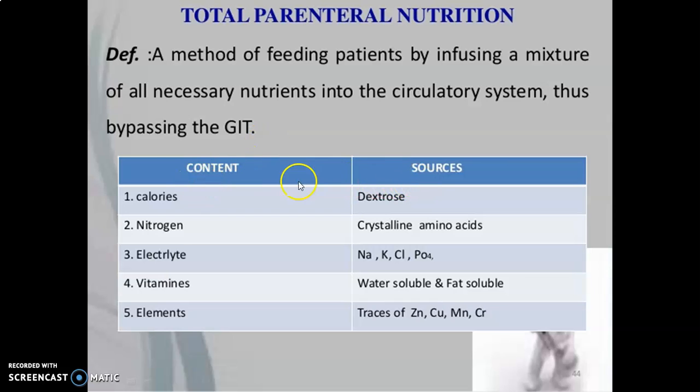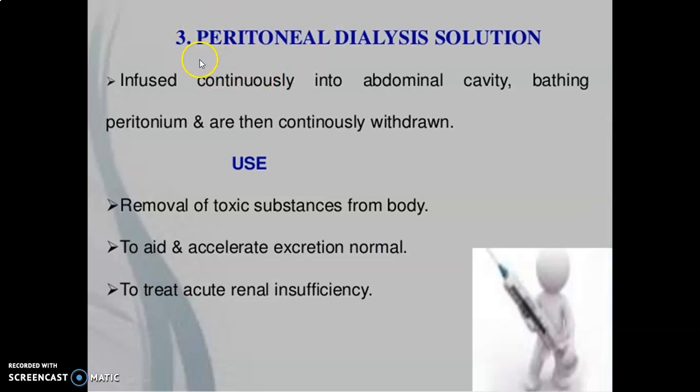The contents and their sources: calories from dextrose, nitrogen from crystalline amino acids, electrolytes that are sodium, potassium, chlorine and PO4 phosphate, vitamins, water soluble and fat soluble, and trace elements such as zinc, copper, manganese and chromium.